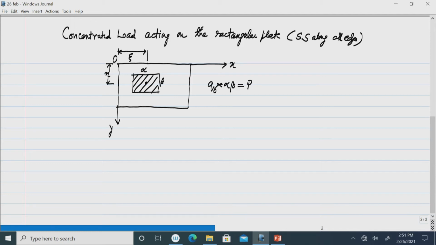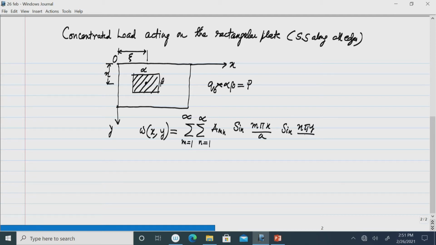The expression of the deflected surface was W(x,y) equals the double sum, m varies from 1 to infinity, and A_mn sin(m pi x by a) sin(n pi y by b).